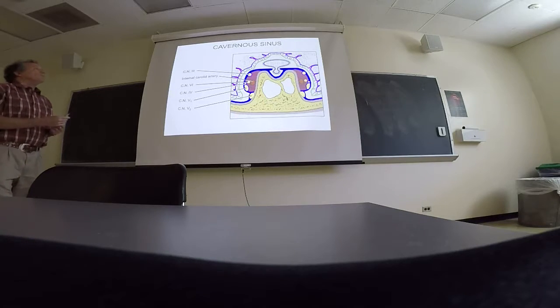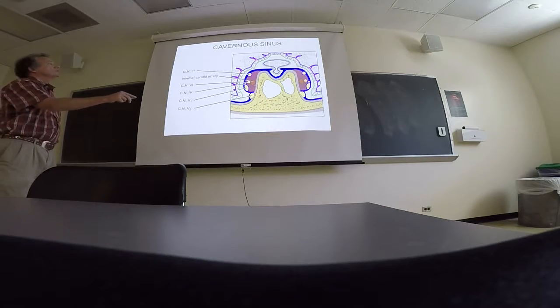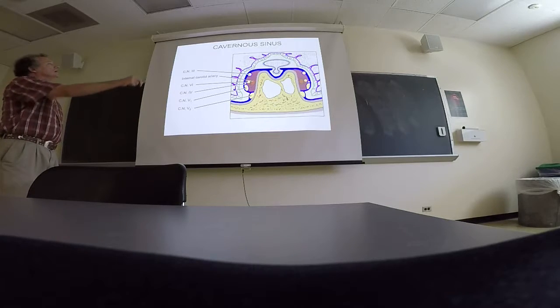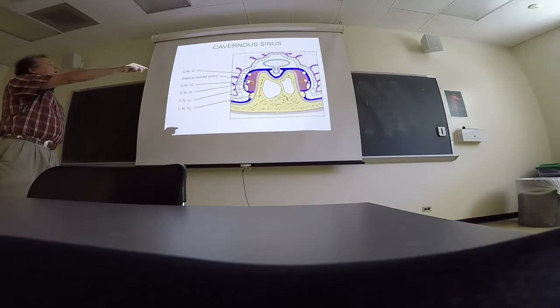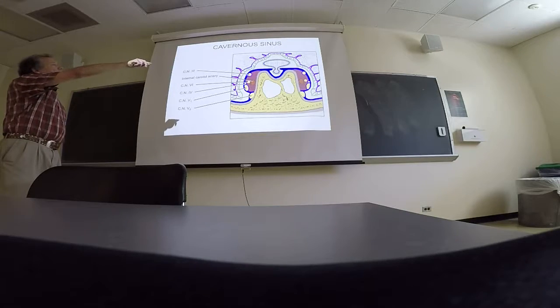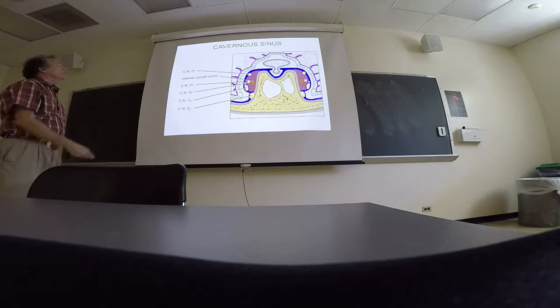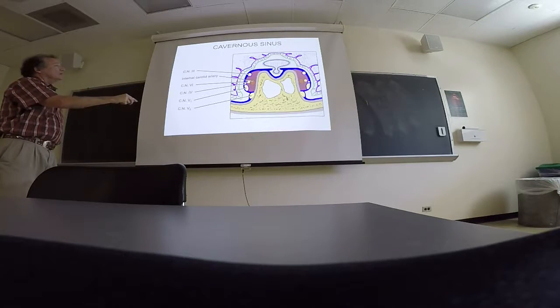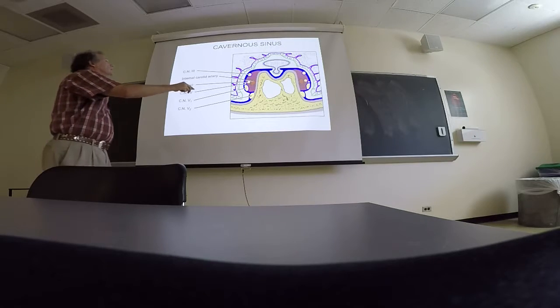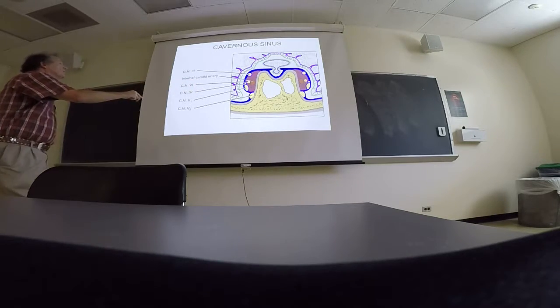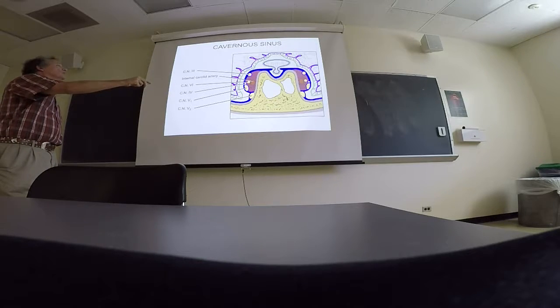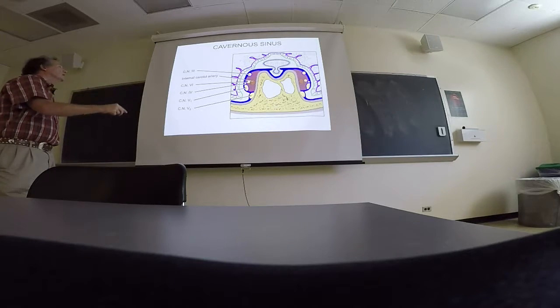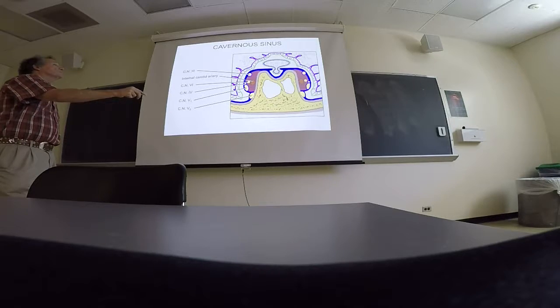Okay. So here's our cavernous sinus to blow up. There's your internal carotid running through the middle of it. Cranial nerve 3, which is lying right on the edge. It's not actually in there, but it's up against the wall. Cranial nerve 4 is also sitting right here, out here on the edge. The first part, V1, the ophthalmic branch of the trigeminal nerve, is also lying on the outside here, as is the second part.